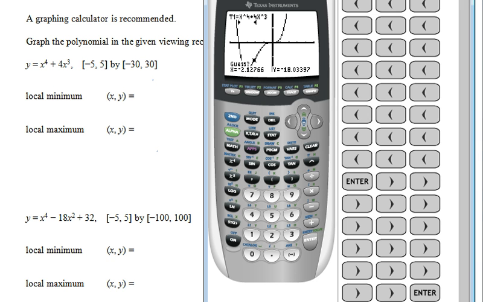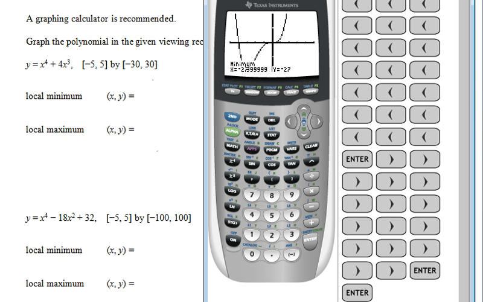Press enter, and press enter again to have the calculator compute the minimum, which is at y equals -27. It occurs at x equals -3, correct to 2 decimal places.